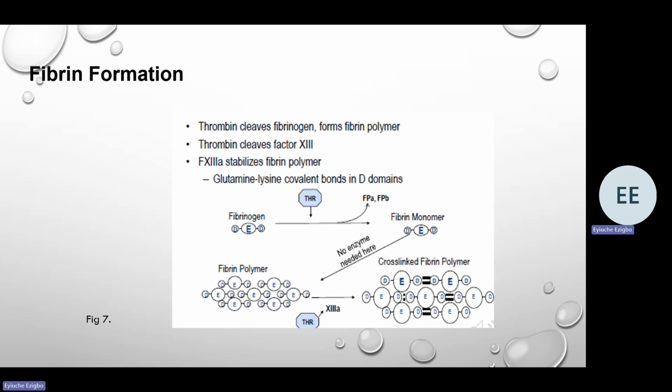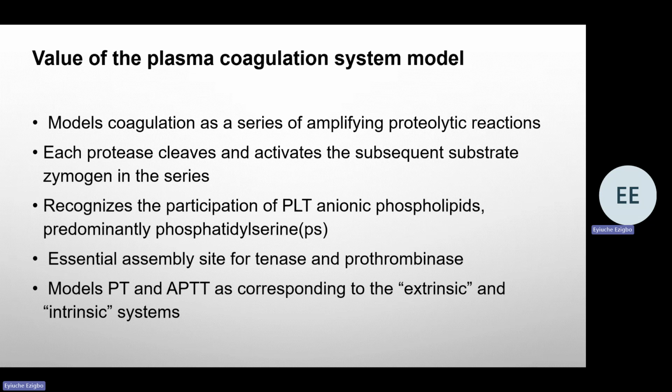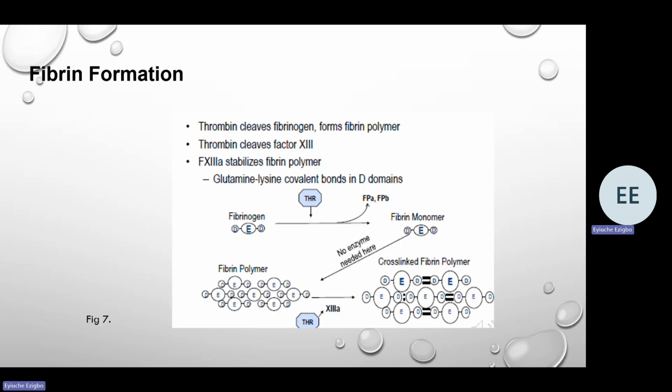So after thrombin has cleaved the fibrinogen, factor 13 catalyzes the cross-linking of the gamma chains of the polymer, stabilizing the fibrin formed. So that ends the process of primary hemostasis, secondary hemostasis, and fibrin formation.